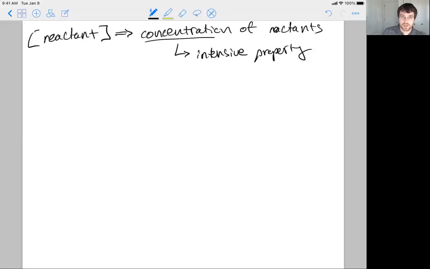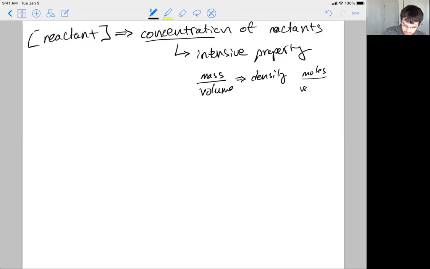Concentration is typically mass or moles over volume. Mass over volume is density, recall.